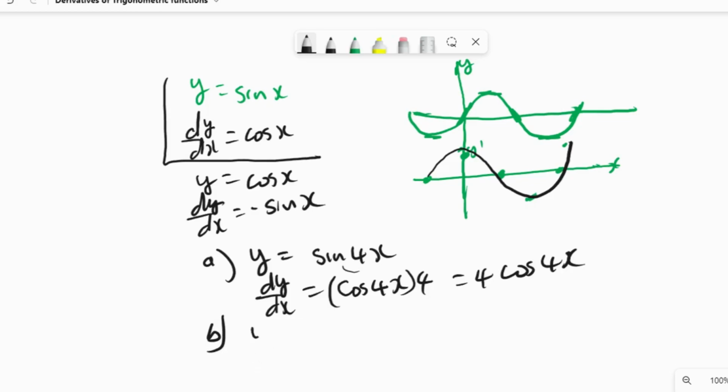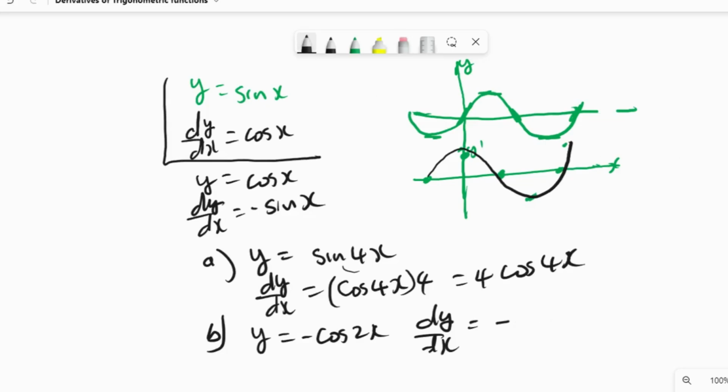Now let's see, derivative, y equal to minus cos 2x. The derivative of this will be minus, derivative of cosine 2x is minus sine 2x.